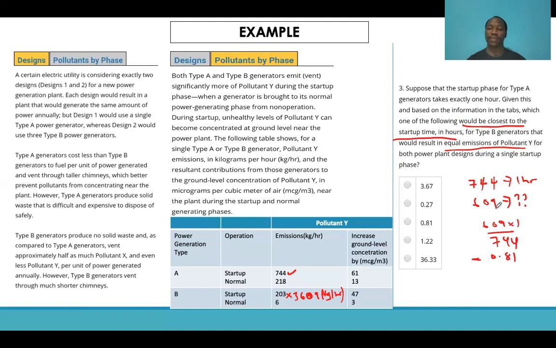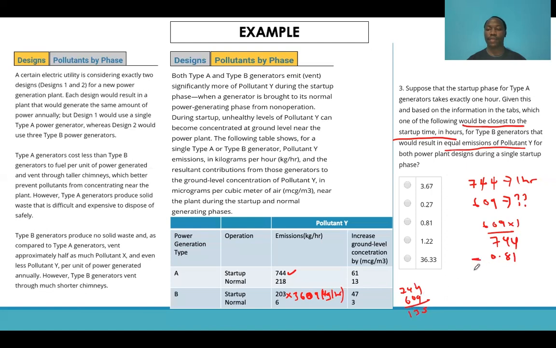So equal emissions of pollutant Y would mean 744 for type A generators and 744 for type B generators. So the difference between 744 and 609, simple math would give you, say 14, that's 5, 3, 1.